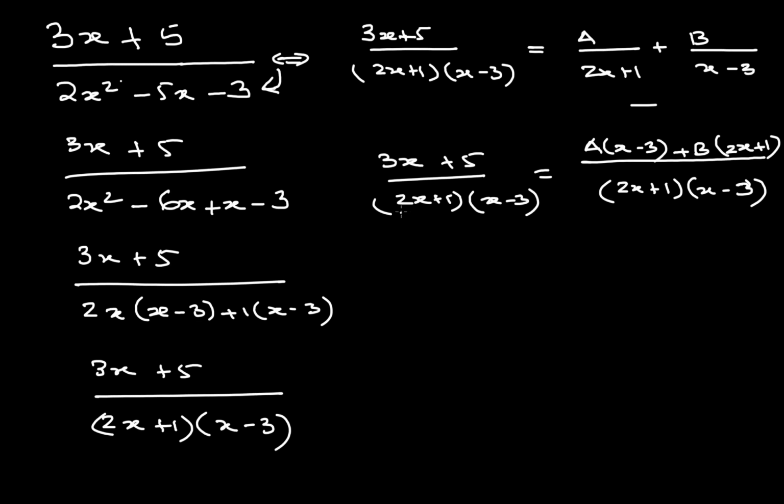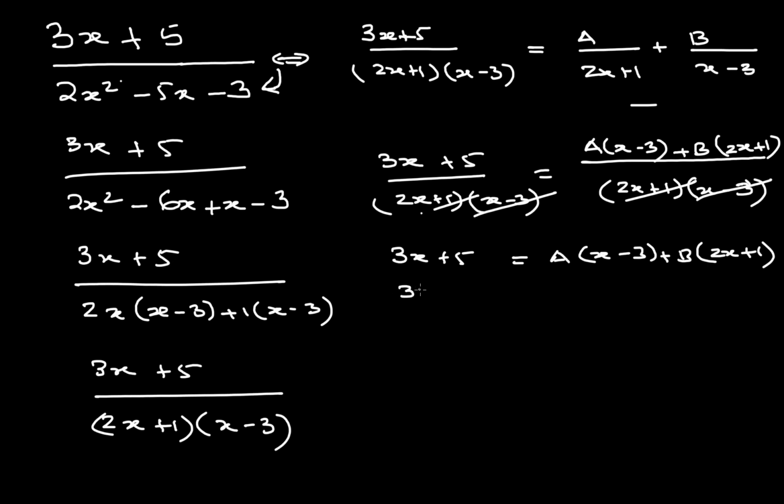So this at the bottom and the other one are the same. I can simply say this is equal to that, or I can cancel this, because these are going to divide. It depends on how you want to show your work. So now we can say 3x plus 5 equals A times x minus 3, plus B times 2x plus 1.